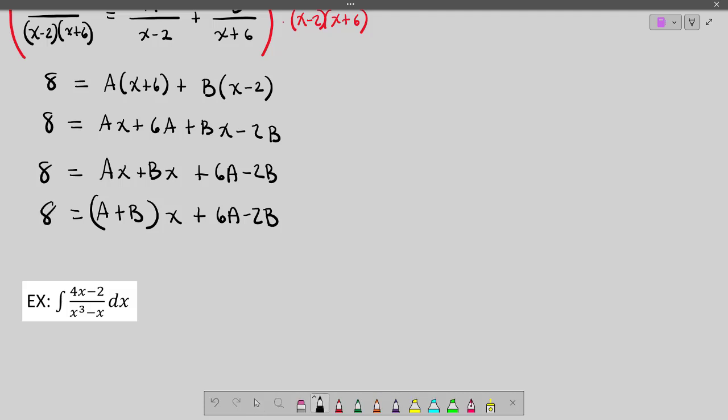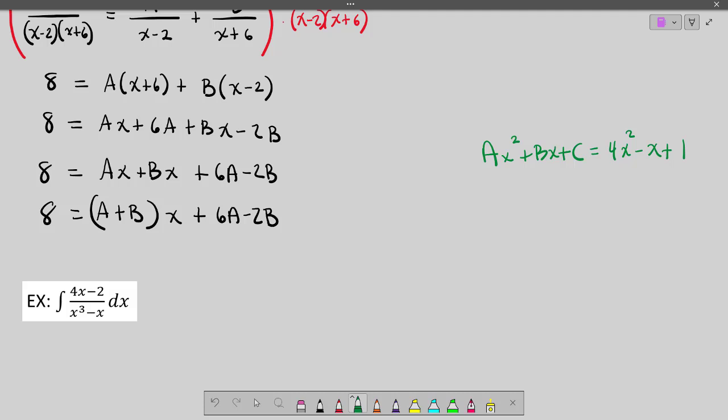Now, if I ask you this question, let's suppose we have ax squared plus bx plus c equals 4x squared minus x plus 1. Can you tell me what a has to be? 4.